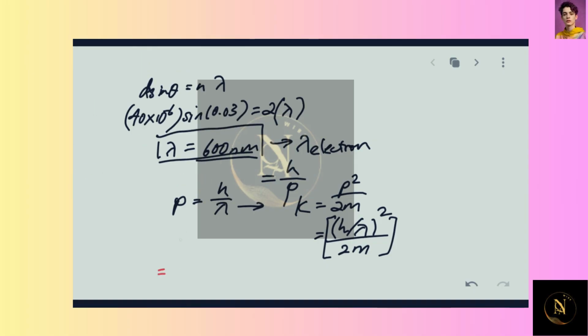Substituting in the values, we square the entire thing. Remember that this is a divide. When you divide Planck's constant by the wavelength, then we square the entire thing, and we divide by 2 times the mass of the electron.